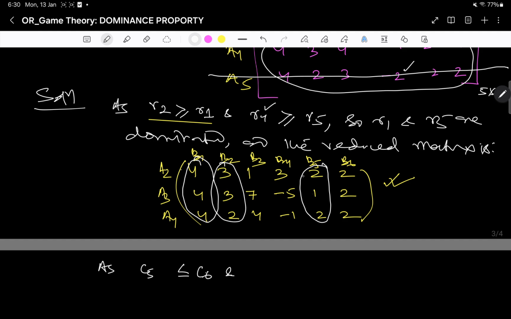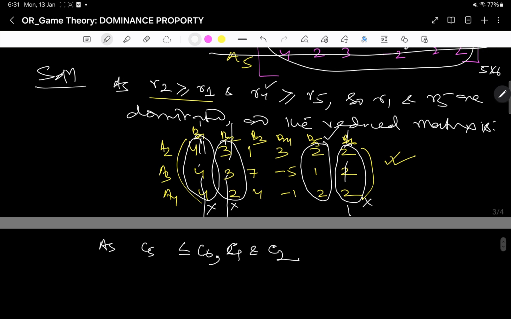Column 5 is smaller than C6, C1 and C2, right? So these three will be dominated by C5. It is dominated, it is dominated, and it is dominated. So these three will be removed.